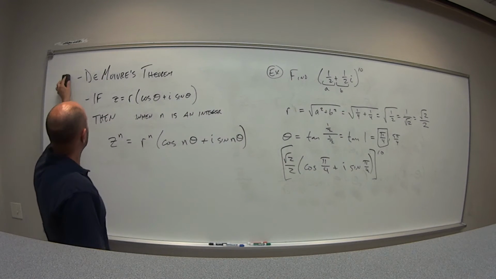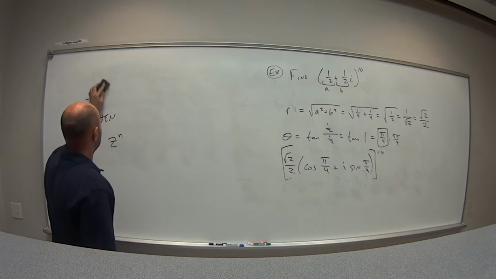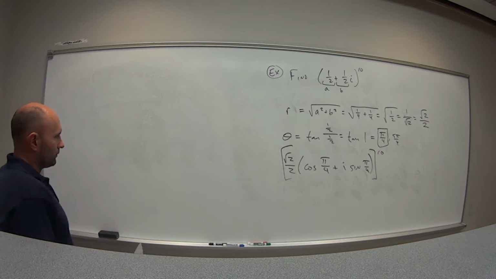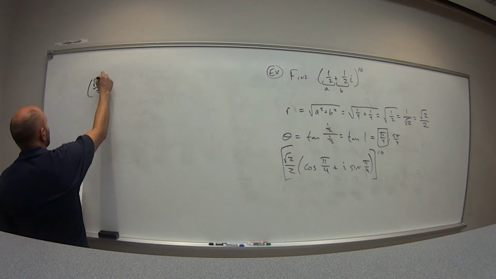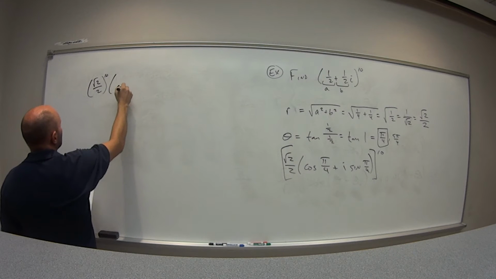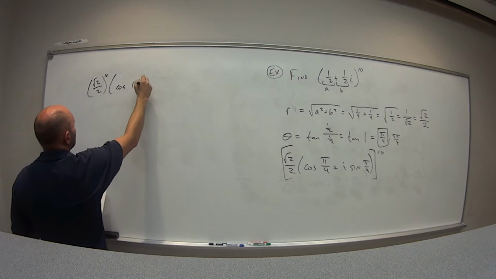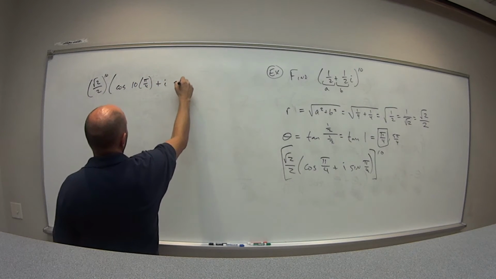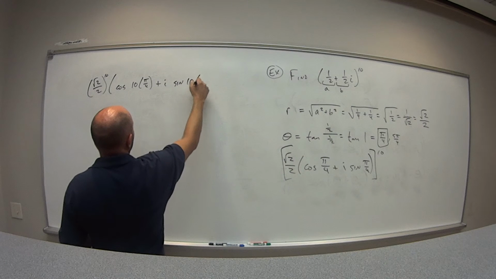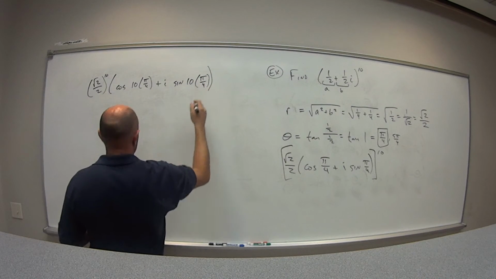I'm going to erase DeMoivre's Theorem here. By DeMoivre's Theorem we get r, which is square root of 2 over 2 to the 10th power, times cosine of n, which is 10 times pi over 4, plus i sine of 10 times pi over 4.